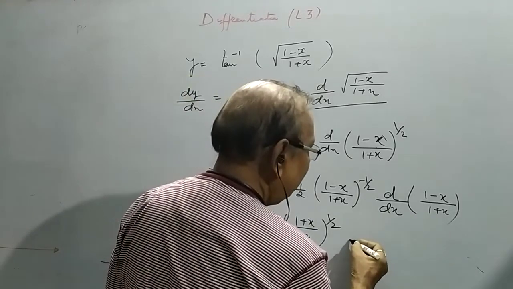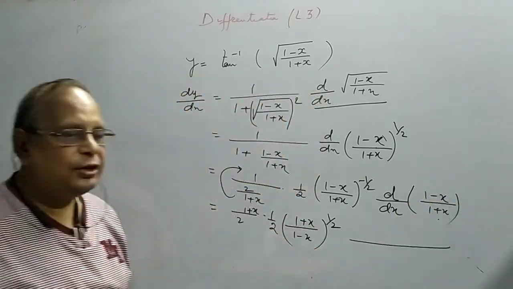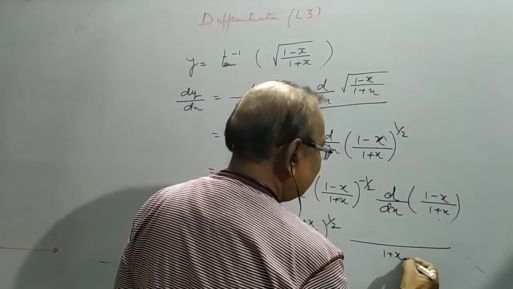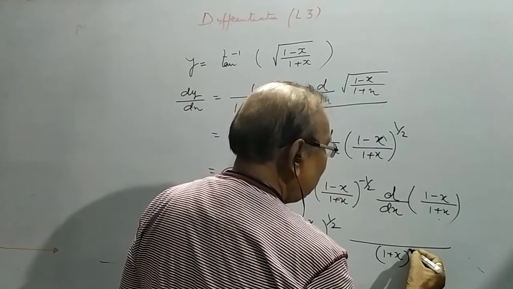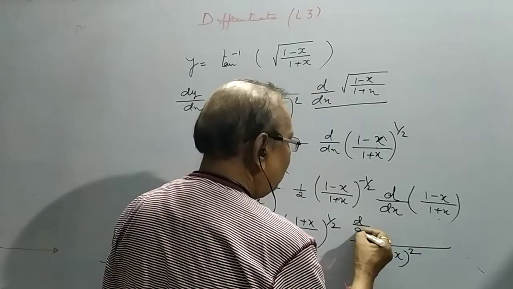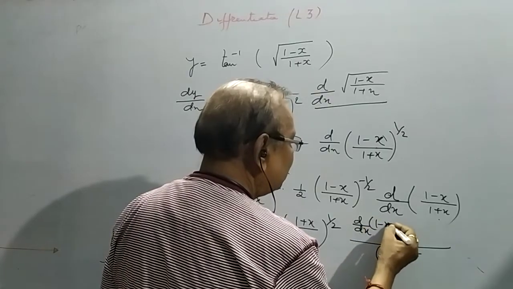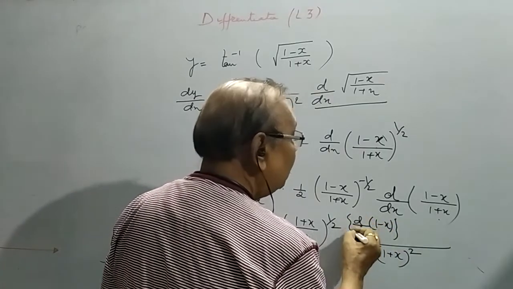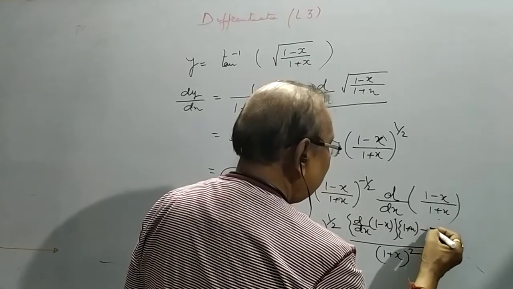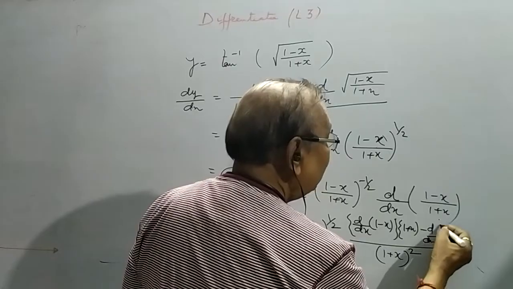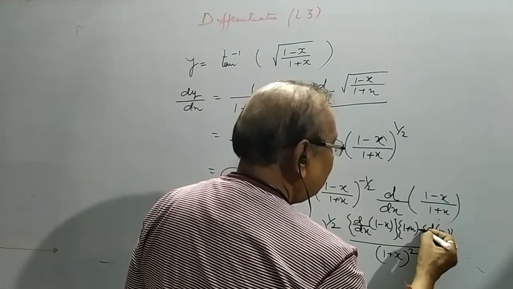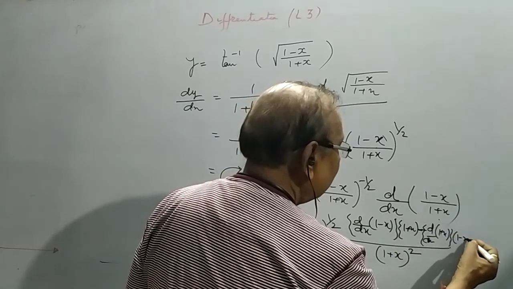How will we get it? You may use the quotient rule for this. That is 1 plus x whole square, d by dx of 1 minus x into 1 plus x minus d by dx of 1 plus x into 1 minus x.